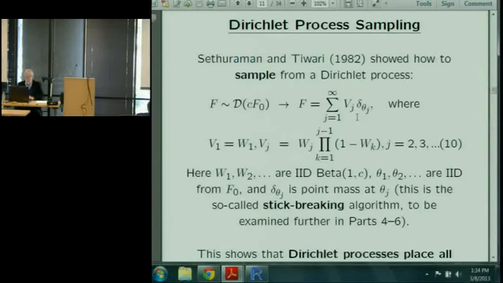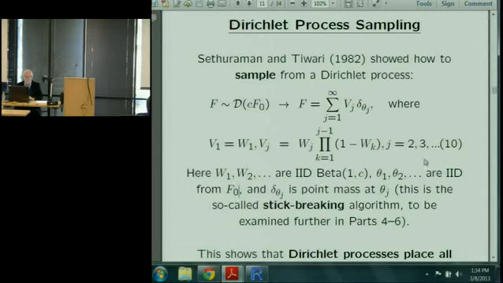But now I have to tell you how the W's are generated. They're IID draws from a beta distribution with parameters 1 and C, where C is the prior sample size. And then I have to tell you where the thetas come from. Well, they're IID draws from the base, so-called centering distribution. And then we have point mass at theta j.